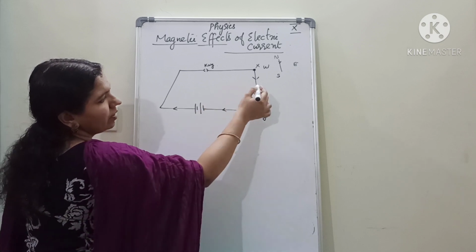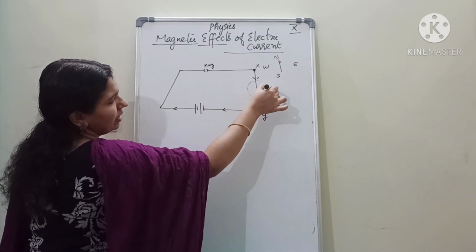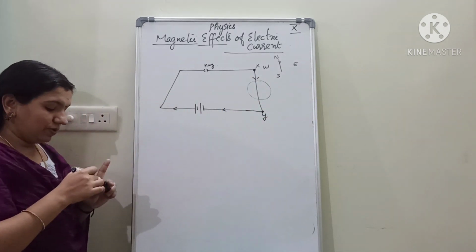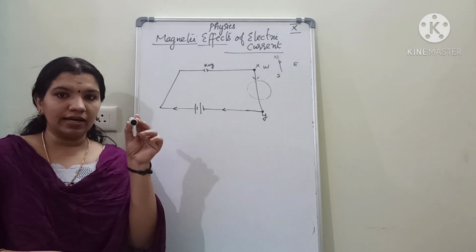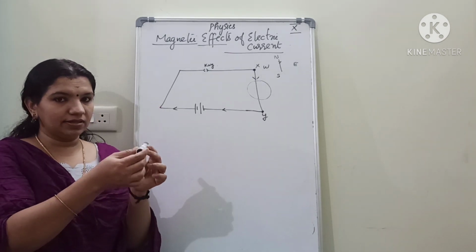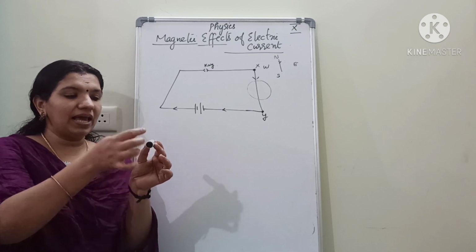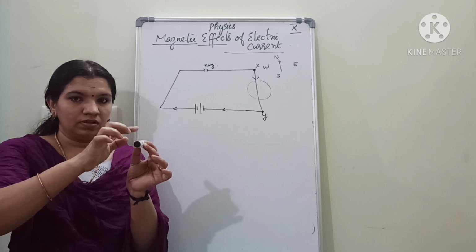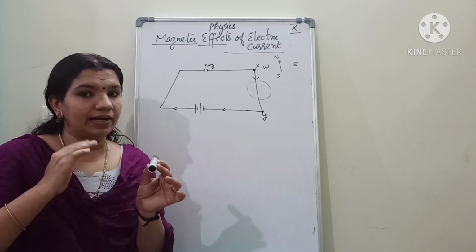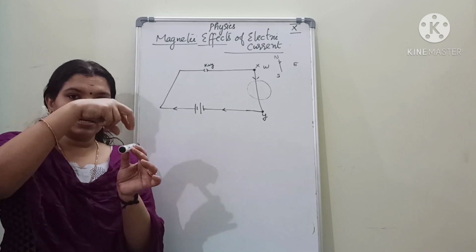Now, a compass needle is placed overhead. If this is XY, the current carrying conductor, placed like this, now I place a compass needle above this copper wire, that we can say is overhead.